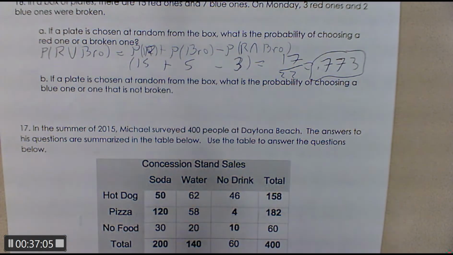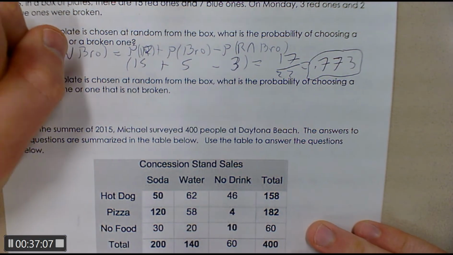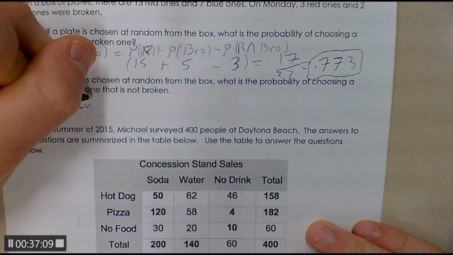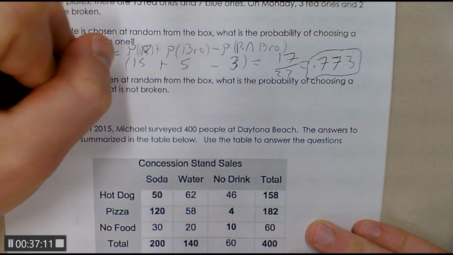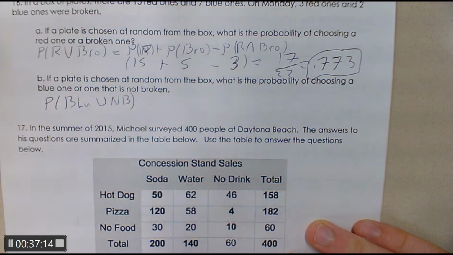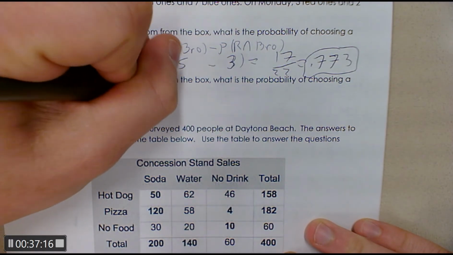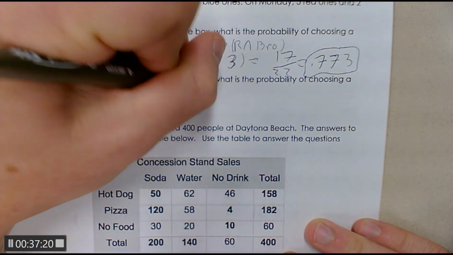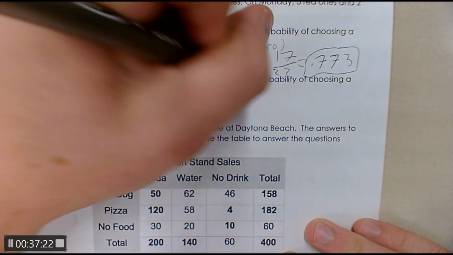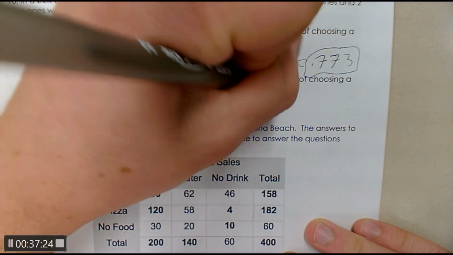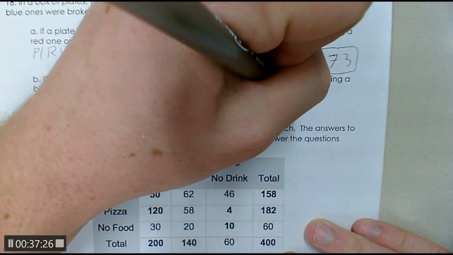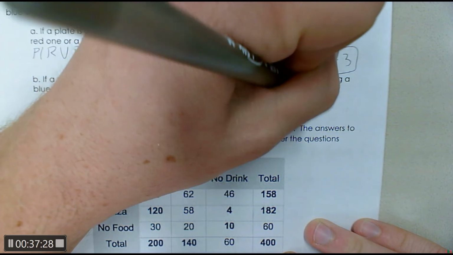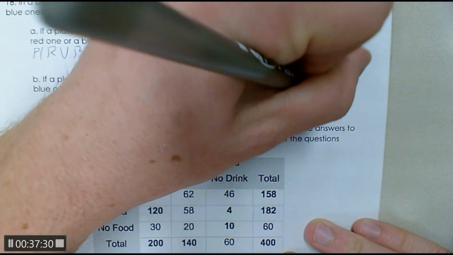A plate is chosen at random. What's the probability of choosing a blue one or one that's not broken? Probability of blue or not broken. Okay, so that's the probability of blue plus probability of not broken minus probability of blue not broken plates.